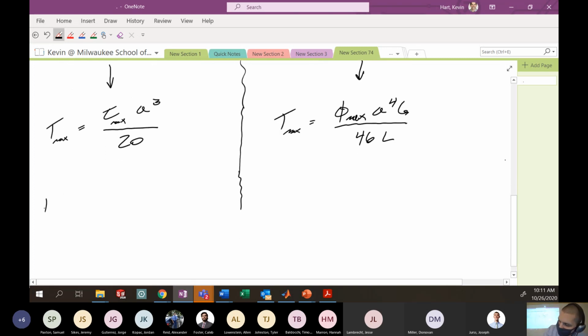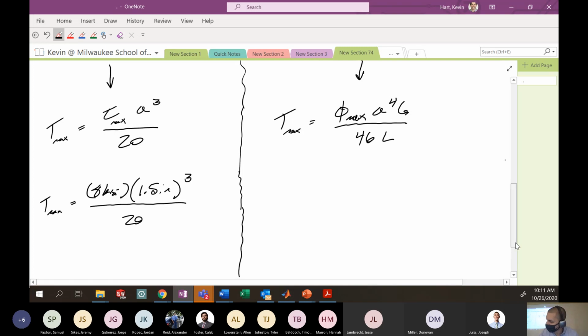All right, so let's go. Here, my maximum shear stress is given as 8 KSI. The value of A given in the problem, 1.5 inches, cubed, all over 20. Plug in values over here too.